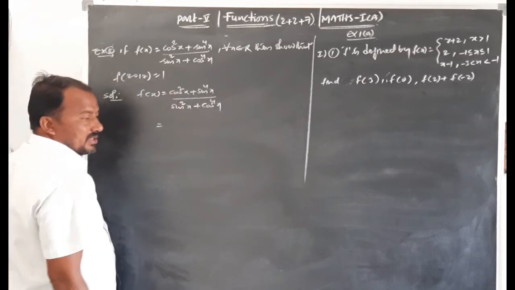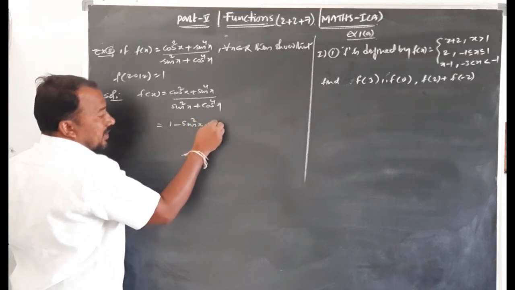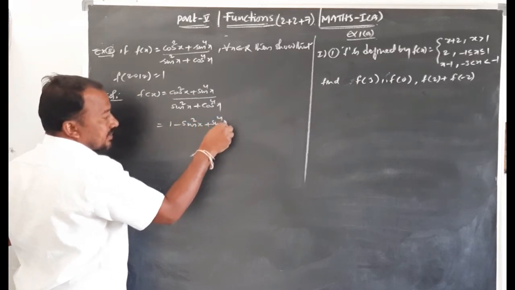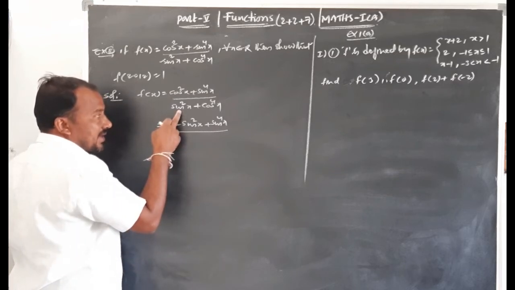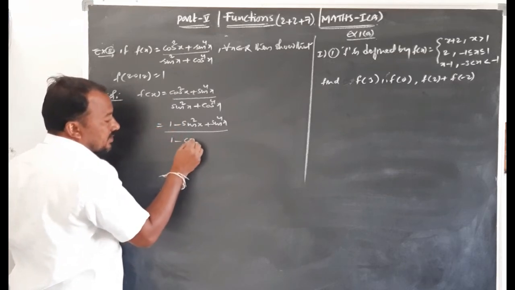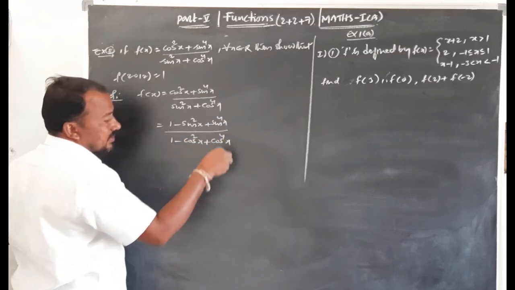Cos square x can be written as 1 minus sin square x, plus sin power 4x, by sin square x, which is written as 1 minus cos square x plus cos power 4x.